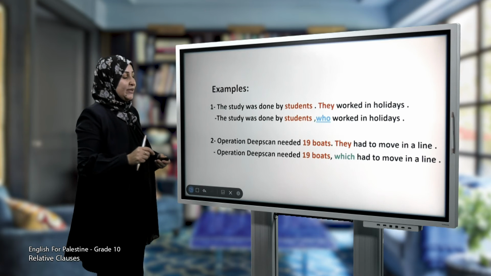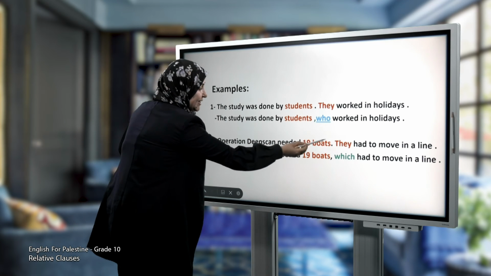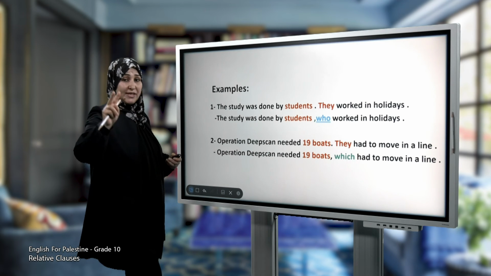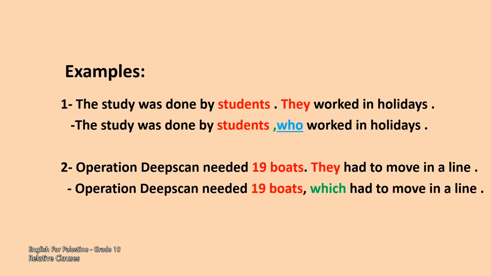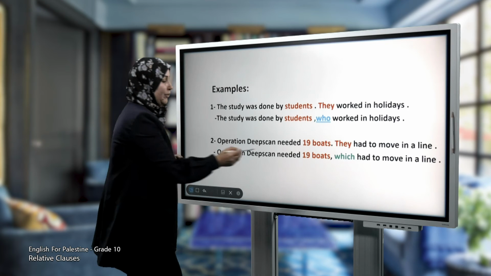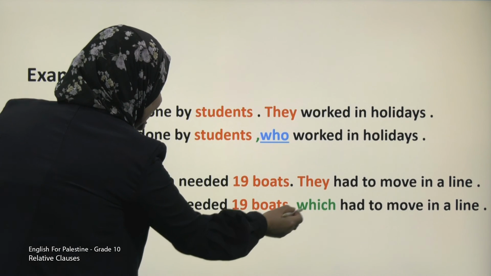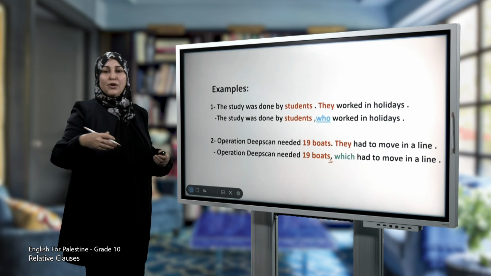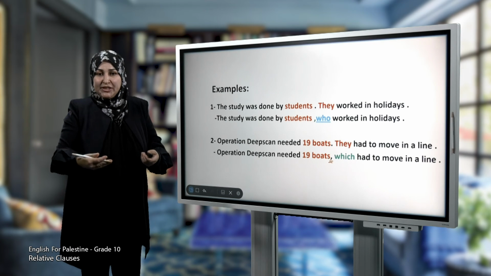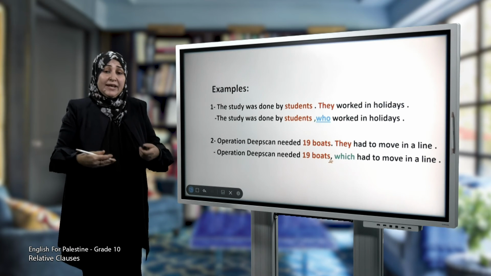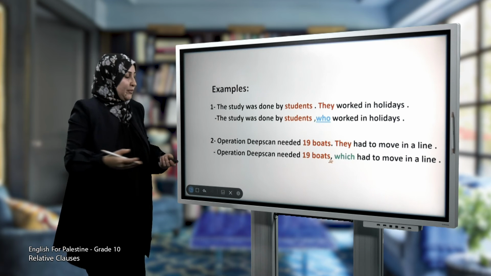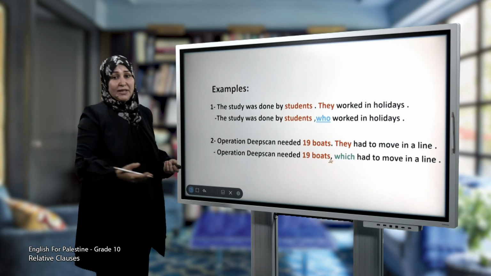So I can use which instead of they and join these two sentences: Operation Deep Scan needed 19 boats, which had to move in a line. Here we add a comma before the relative pronoun because we have extra information that we can omit, and we will still have a full meaning for the sentence.